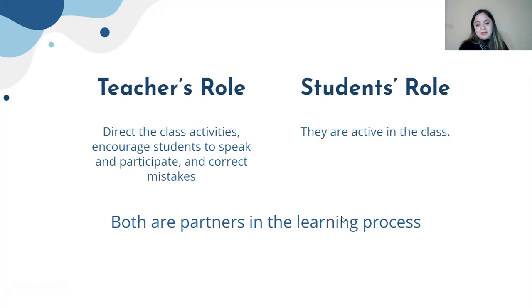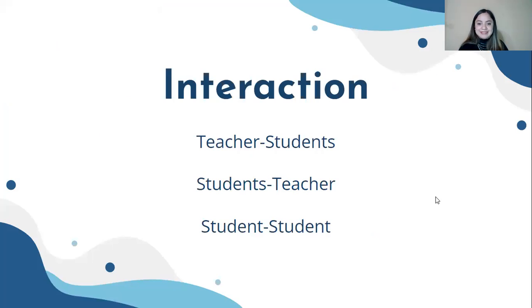Very good. Let's go to our next part, which is the interaction. How is interaction when using this method? Basically, it happens in both ways. First, teacher to students, also students to teacher. In this method, the students feel free because they're encouraged.